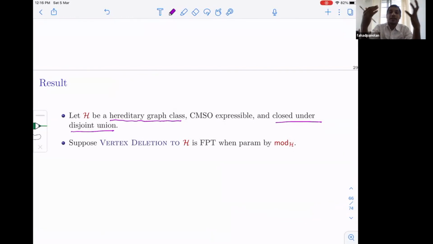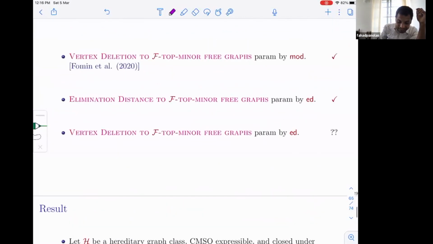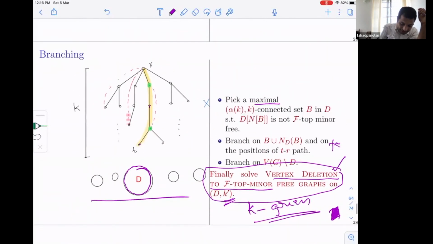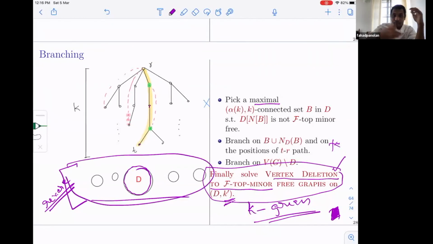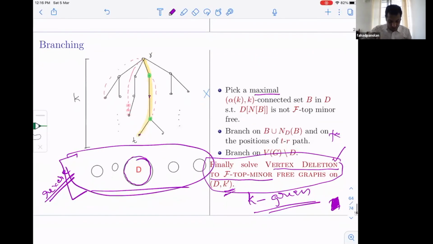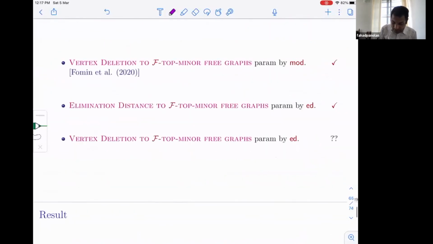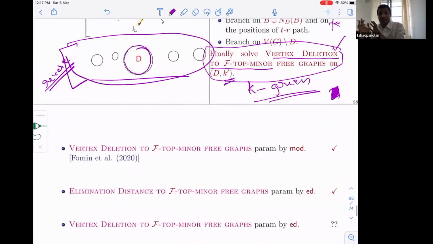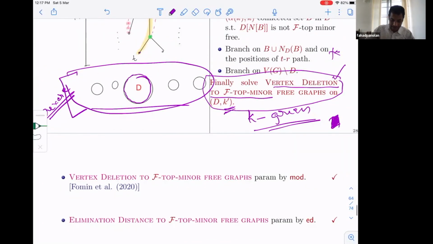If G is in H, then every induced subgraph will also be in H. These two properties we will use in this algorithm at the end, for our unbreakable case, to prove the correctness, if H is some special graph class.